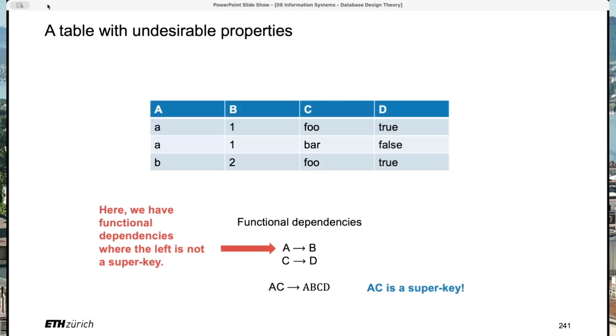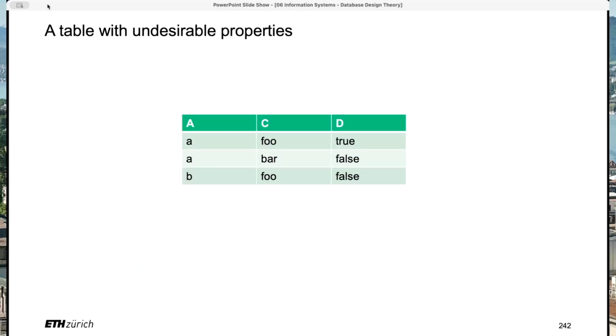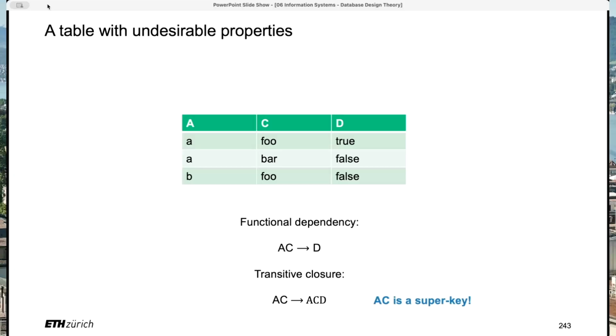And this is what we want to look at right now for the Boyce-Codd normal form. We actually don't like these functional dependencies. We don't like functional dependencies when the left is not a super key. So we like the third one, we don't like the first two. For example, I have a table here, another example, where we have the functional dependency that AC gives you D, and the closure would mean that AC gives you ACD.